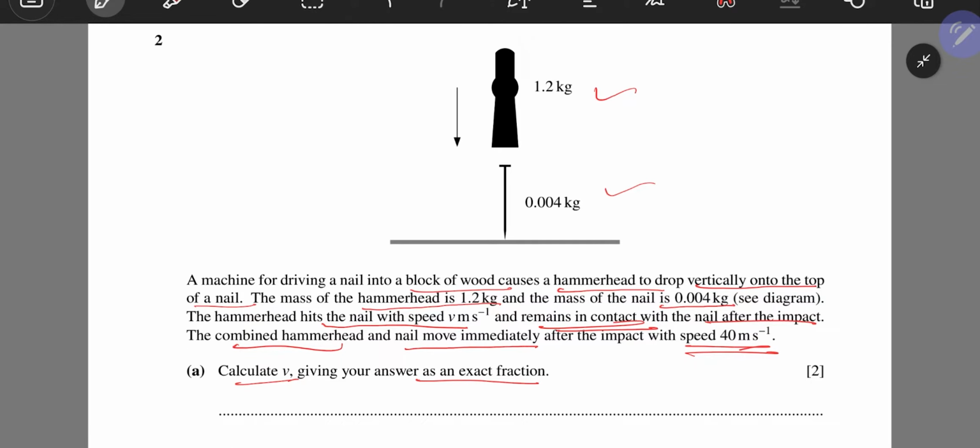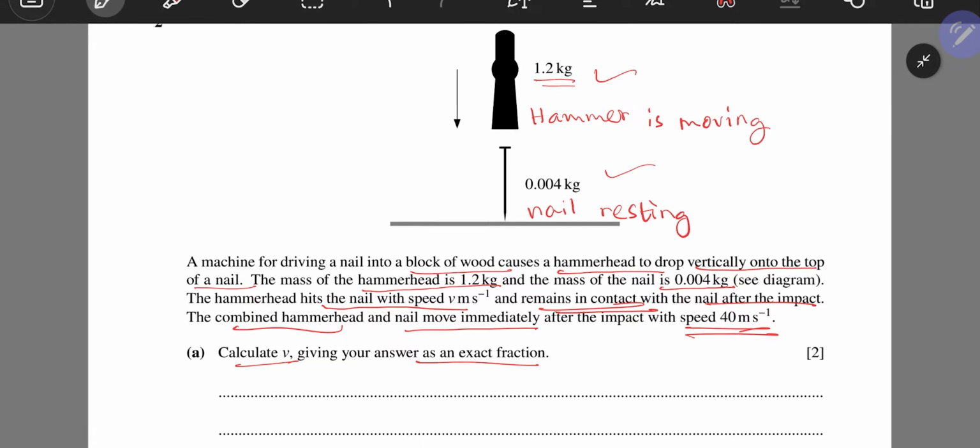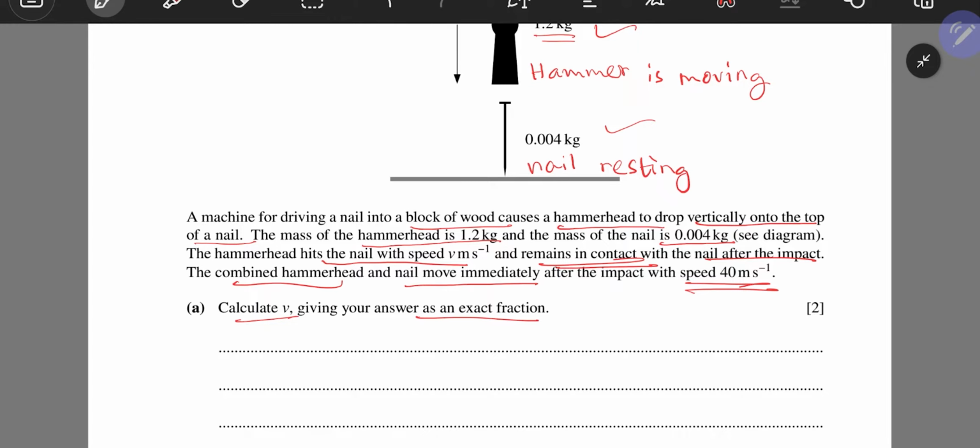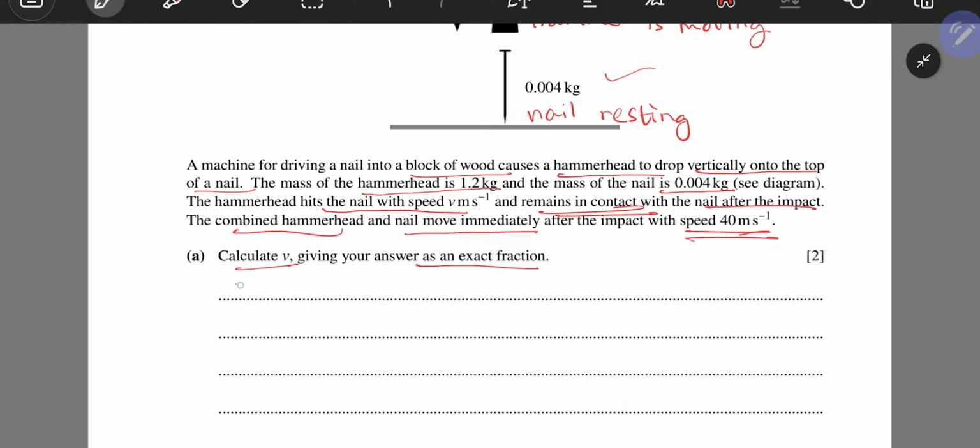So what's happening over here is we have two masses, the hammer and the nail. The nail is at rest initially, and the hammer is moving. So what we can understand is they are colliding.